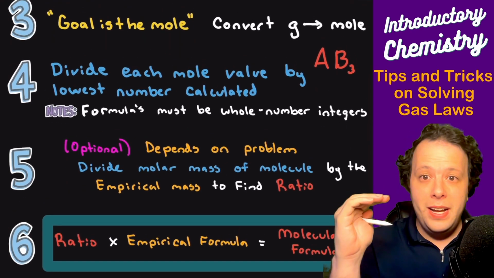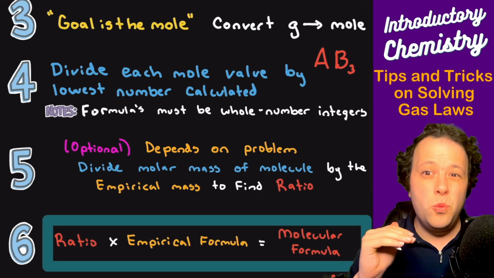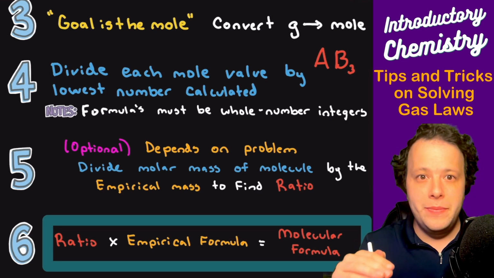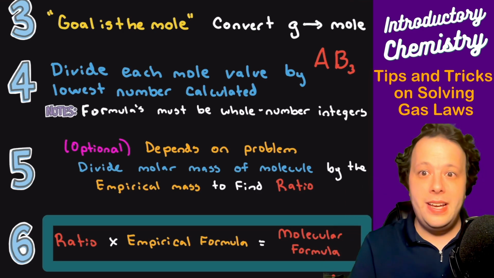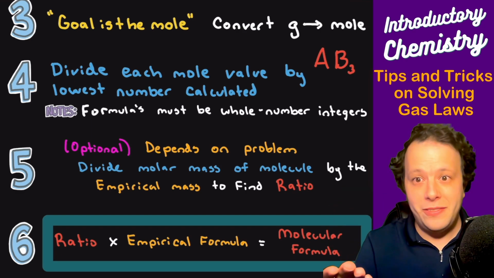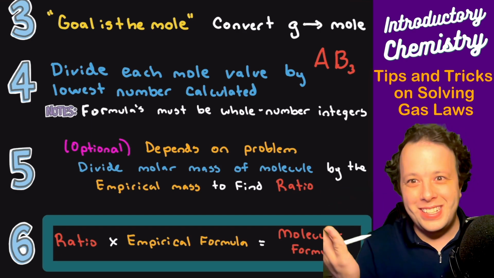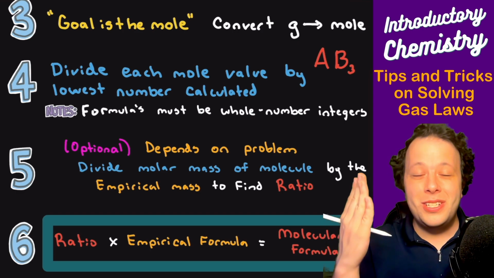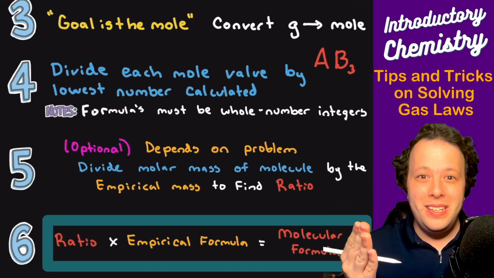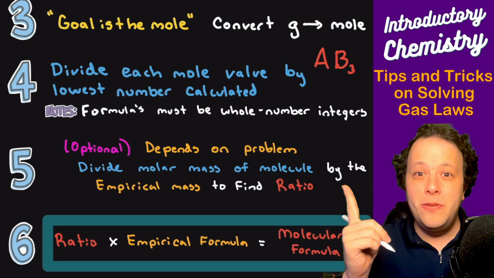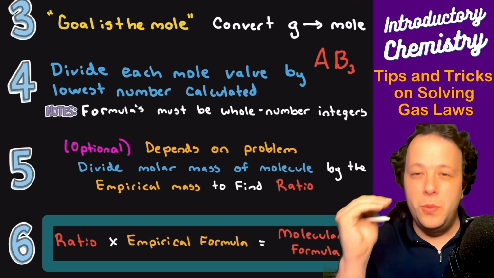Step 5 is optional depending on what you were given in the problem. In this case, you had the gas law information, so you have to continue. You're not done. Oh, sad days, right? You have to keep going. You found the molar mass from part 1.